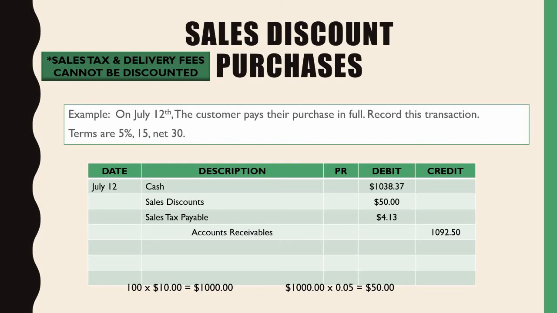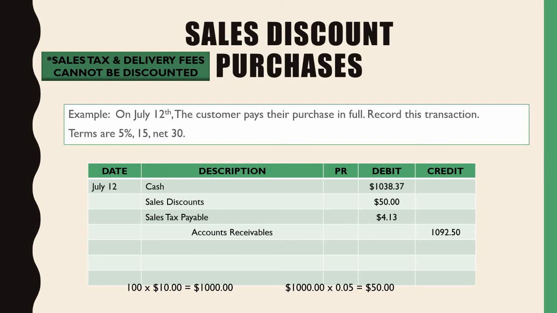Now, if you look at the bottom, this is where I calculate how I got my discount, right? And you said you understood that, right? You understood that 100 times 10 is 1,000, right? And in order to take the discount of 5%, it's going to be $50. And your sales tax is 50 times your 8.25%. Now, one thing that we can see here is how we got our discount, right?